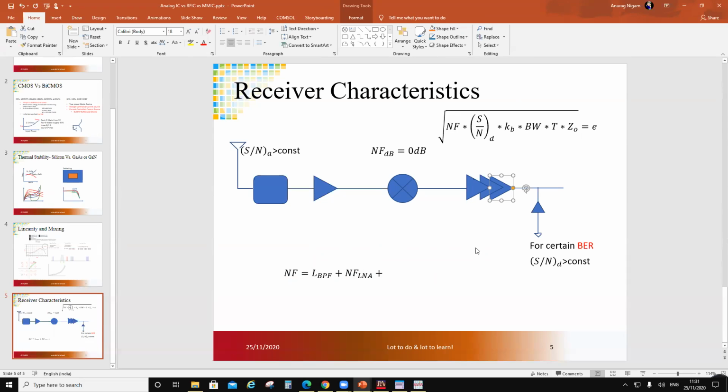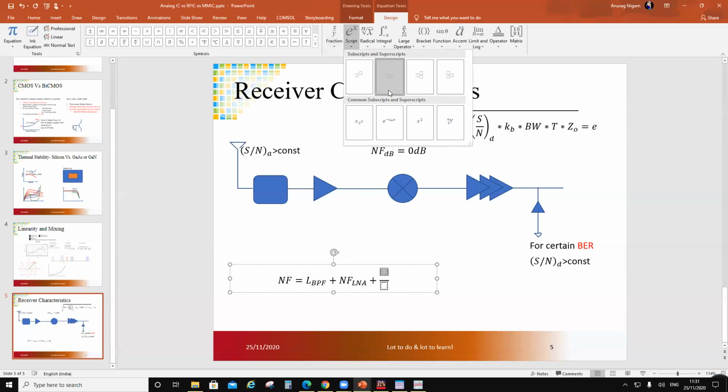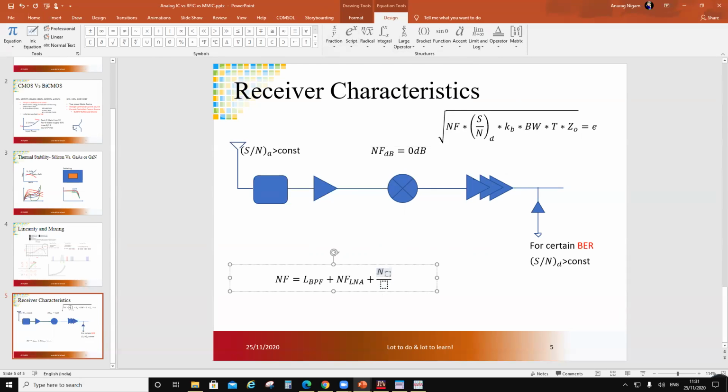So what will I do? I will do NF3 divided by all the previous gains.